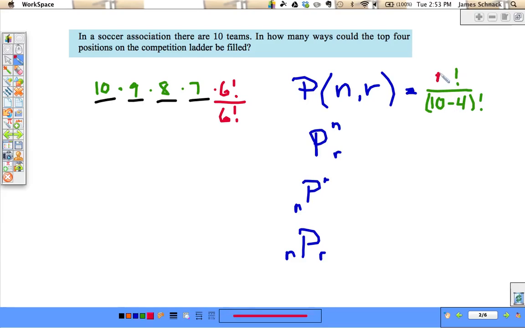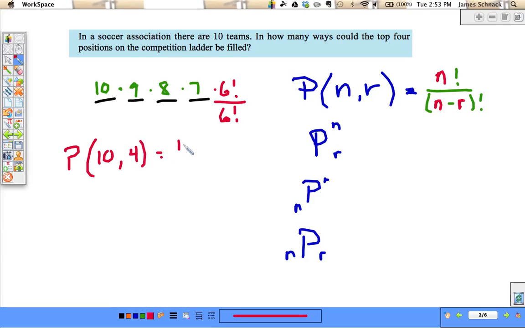So N stands for how many things total there are. And R stands for how many things I want to put into order. So this problem I could have solved using this permutations calculation. Permutation of 10 things total put into orders of 4.